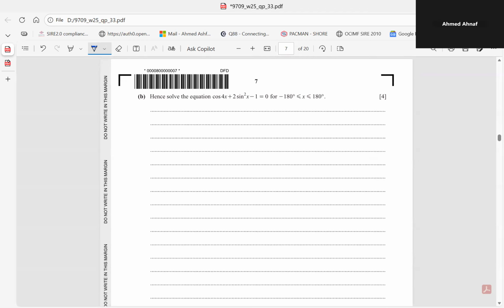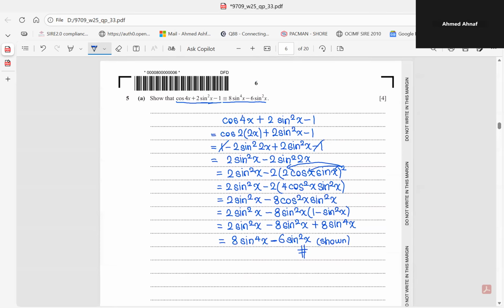Okay, so for part B, they told us hence. So we need to use our answer from the previous part. We need to solve this trig equation for this domain of x, which is between 180 degrees and negative 180 degrees inclusive. First things first, we realize the left-hand side of this equation is exactly the same as the identity that we proved.